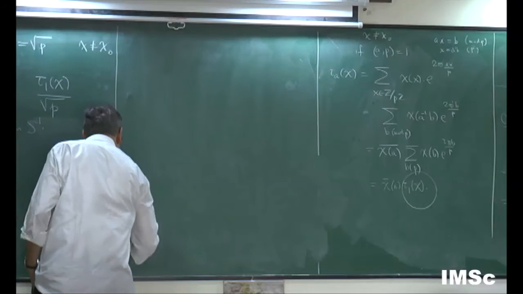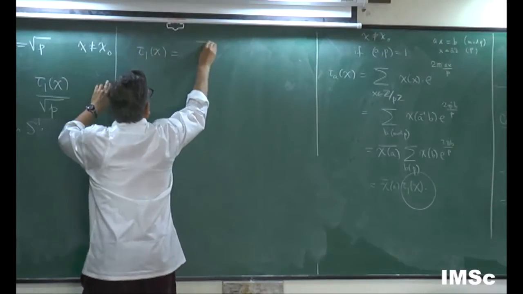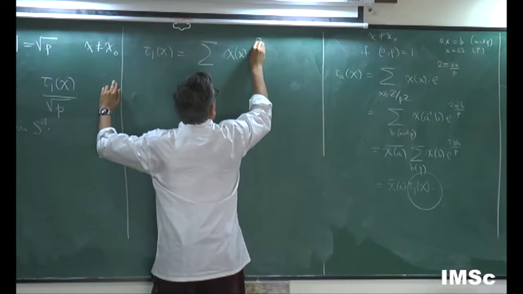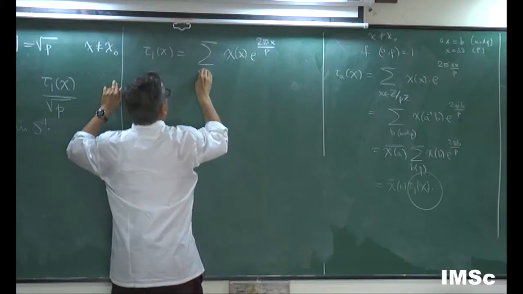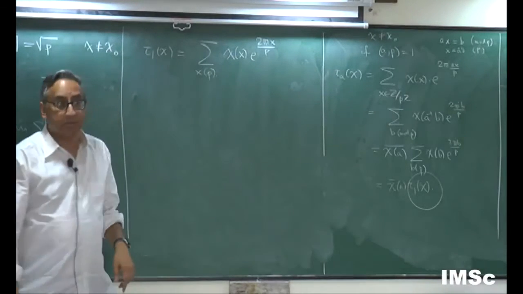It's very simple. So tau of chi rather, is the sum of chi of x e to the 2 pi i x over p, right? This is x mod p. That's the Gauss sum, right?